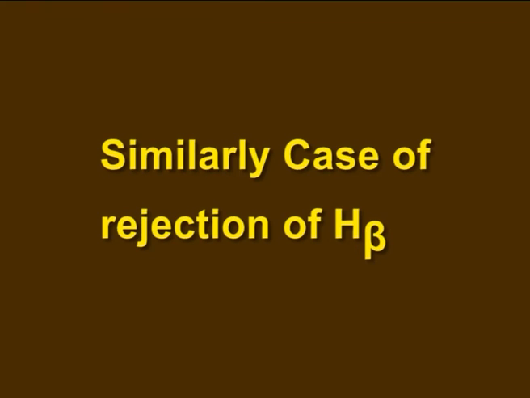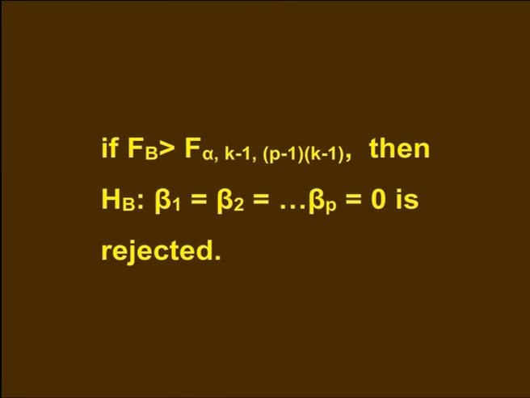Similarly, in the case of rejection of H beta, if FB is greater than F alpha, k minus 1, p minus 1 k minus 1, then HB, that is beta 1 is equal to beta 2 and so on, equal to beta p is equal to 0, is rejected.